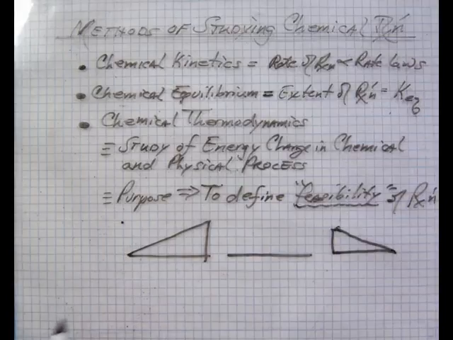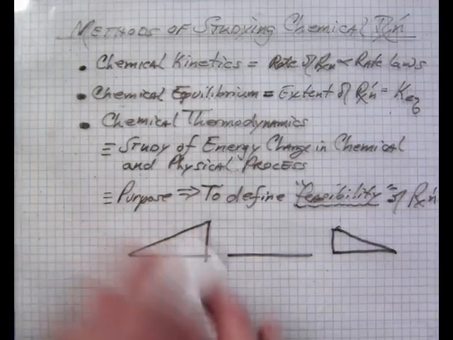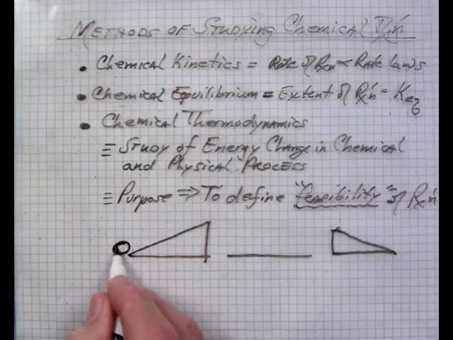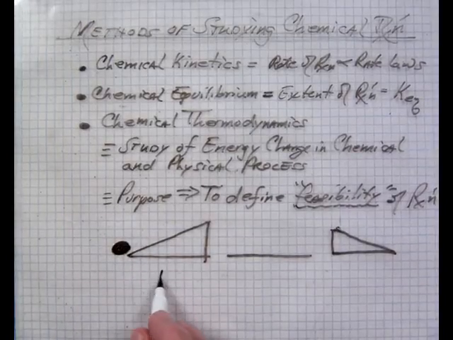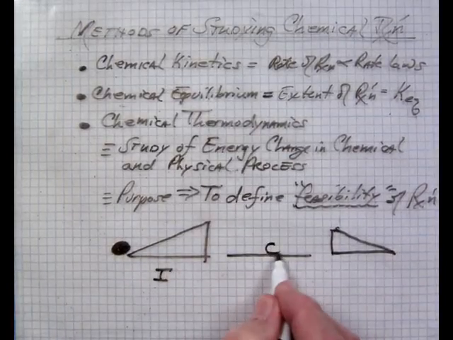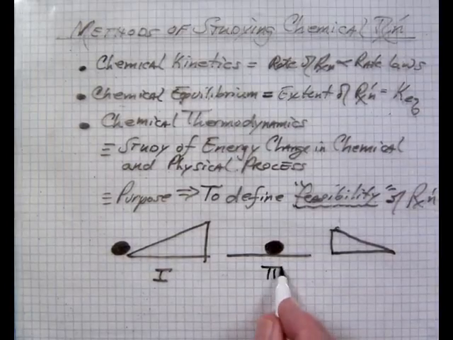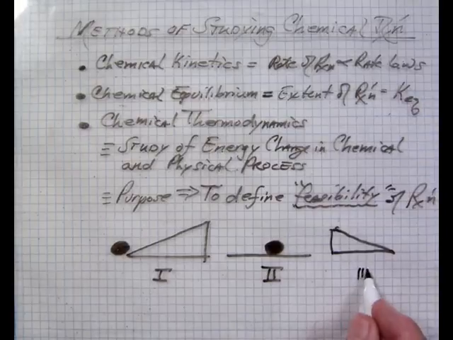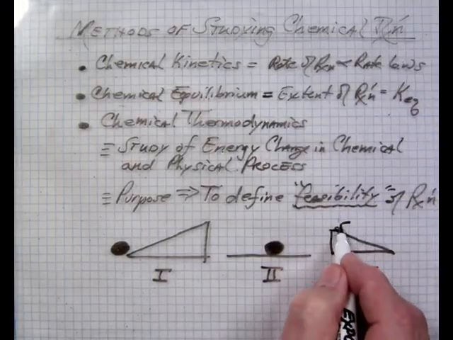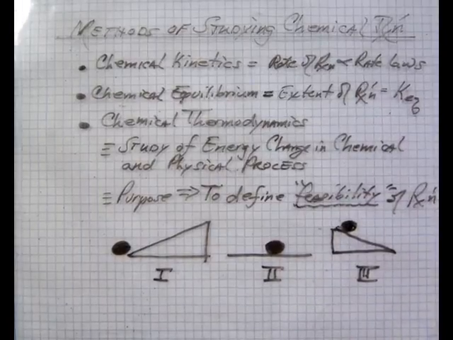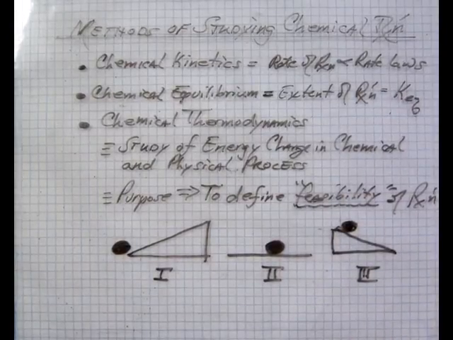On the incline, we place a sphere, a ball, on number 1, case 1 at the bottom. Case 2, we place it right in the middle of the diagram. And case 3, we place it on the edge, not on the flat part back, but right up here on the top end.